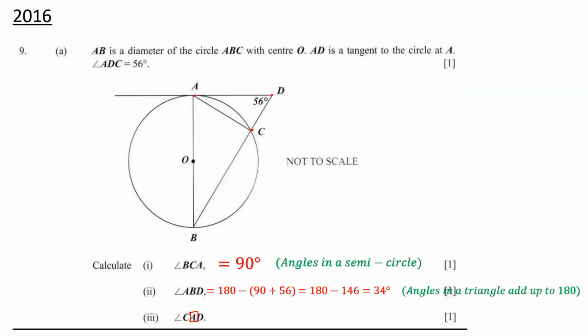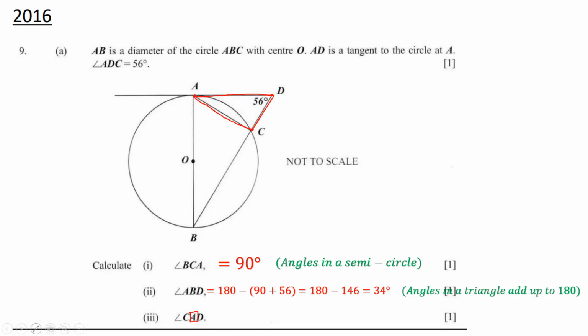So we have angle C to A, and then angle A to D, and then D to C. Here we have angle CAD, which means the one that we are taking into consideration is this one.